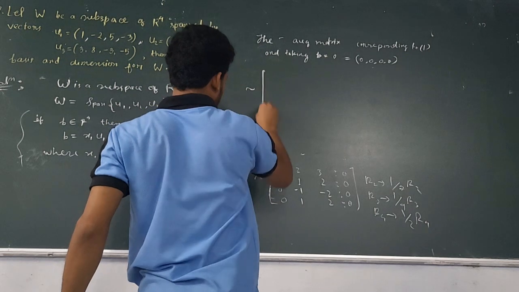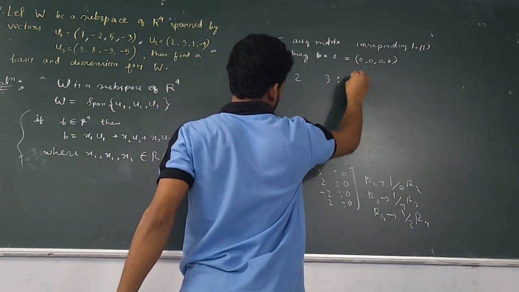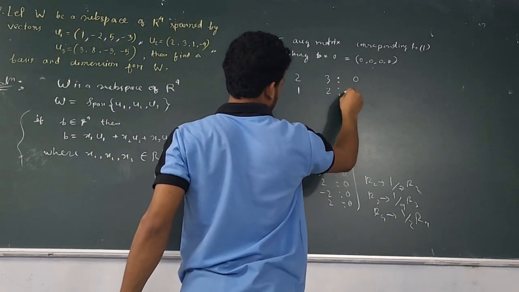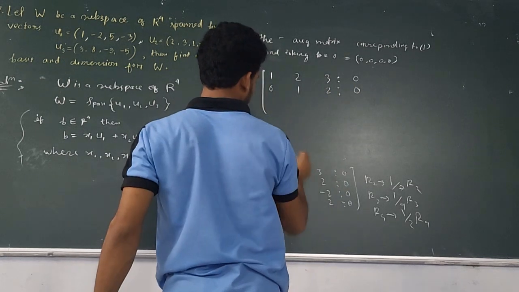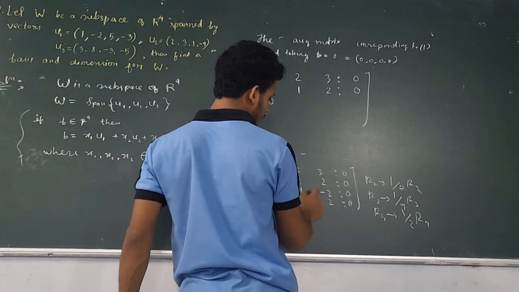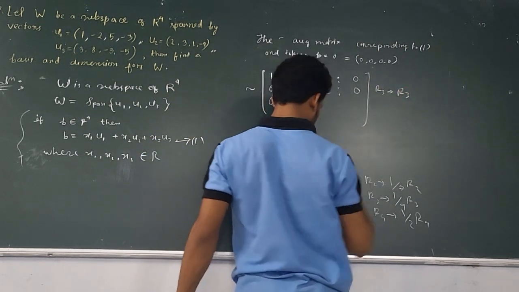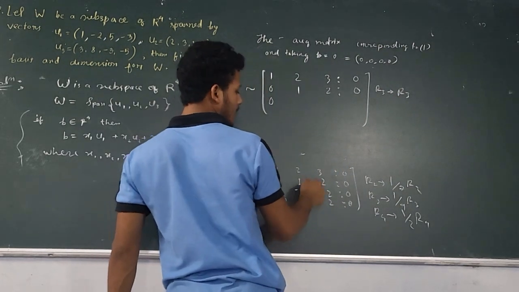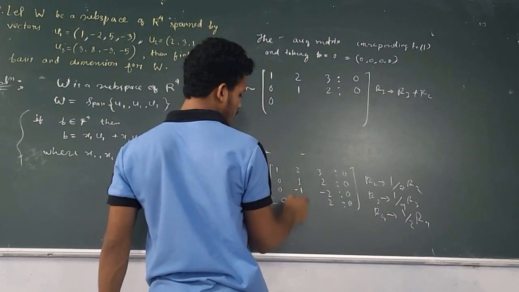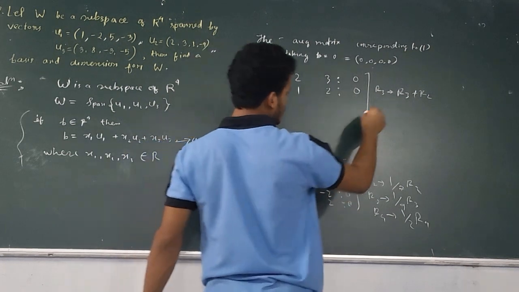This is equivalent to 1, 2, 3, 0, then 0, 1, 2, 0. Now what will we do? R3 goes to R3 plus R2, because we have to make this 0, and R4 goes to R4 minus R2.